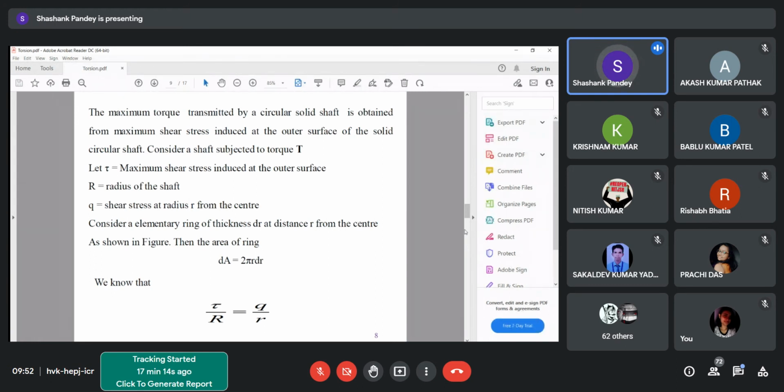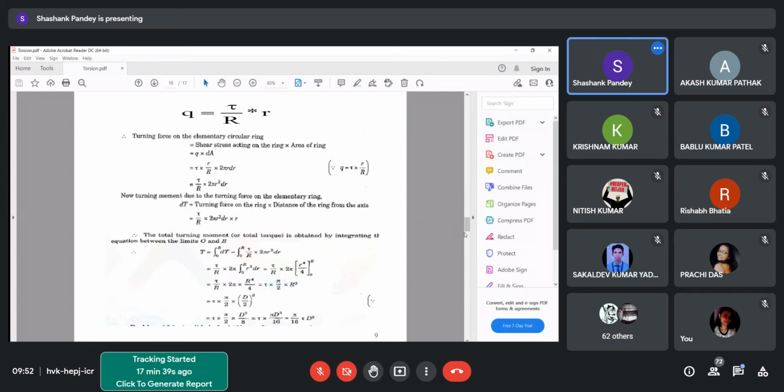So from our basic principle, we know that tau upon R is equal to q upon r. In the numerator on the left, we have the maximum shear stress at distance capital R, and on the right-hand side in the numerator we have the shear stress at some distance, let us say at distance r. So we can rearrange this. We can write q is equal to tau upon R into r. So this is the shear stress.